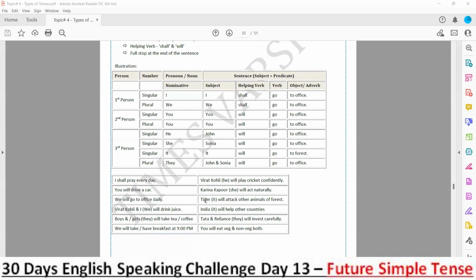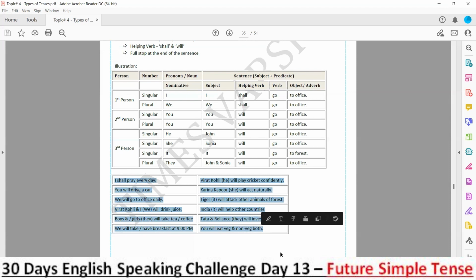Any other volunteer to read a few of the sentences in this table and translate? Shahbaz, now it's your turn. Yes, sir. Shahbaz, please read these sentences and translate.